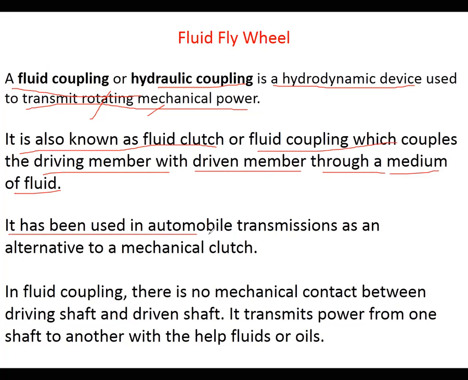It has been used in automobile transmission as an alternative to the mechanical clutch. Mechanical clutches are nothing but single plate clutch, multi plate clutch, cone clutch, and centrifugal clutch. In place of those kinds of clutches, the fluid clutch or hydraulic coupling is used.